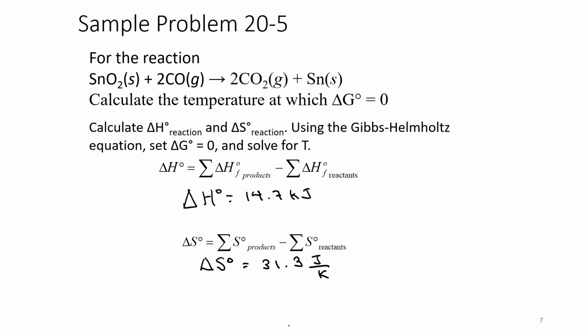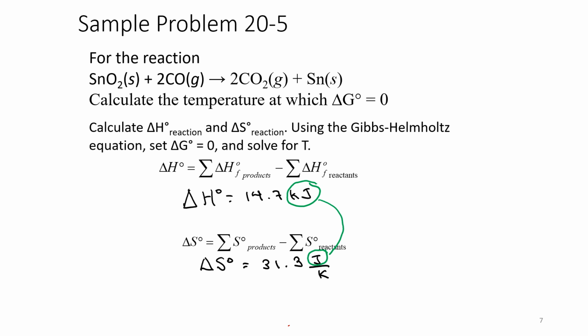So remember, we need our kilojoules and our joules to agree with each other. If they don't agree with each other, then we can't work this problem correctly. We're going to end up with the wrong answer. So I'm going to go ahead and convert the delta S into kilojoules.